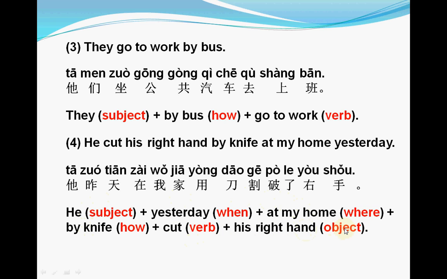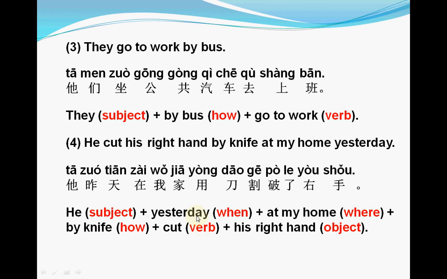We translate this sentence into Chinese: 他昨天 yesterday, 在我家 at my home, 用刀 by knife, 割破了 cut, 右手 is right hand. Okay, 他昨天在我家用刀割破了右手.